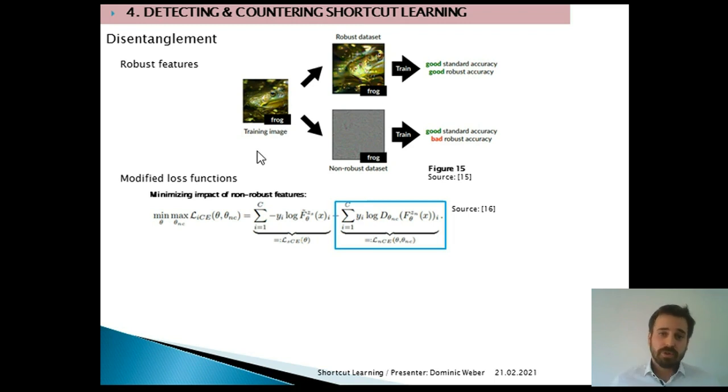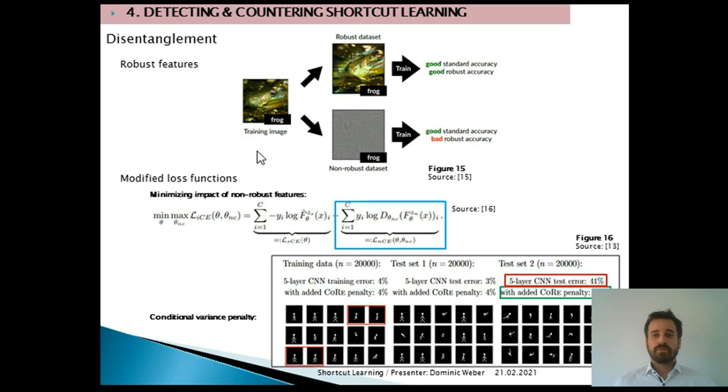Now, I never told you how this problem here was solved. The authors introduced a so-called conditional variance penalty. The algorithm basically paired images of the same class, just a small number of them, that had slightly different movements, as shown here on the two red boxes on the left. And it penalized exactly these small differences more than any of the other available features.